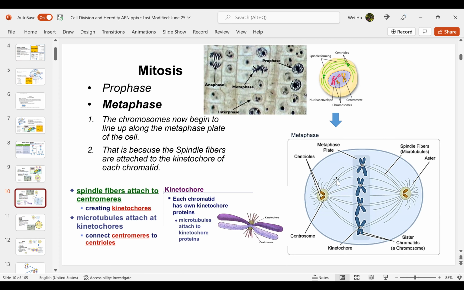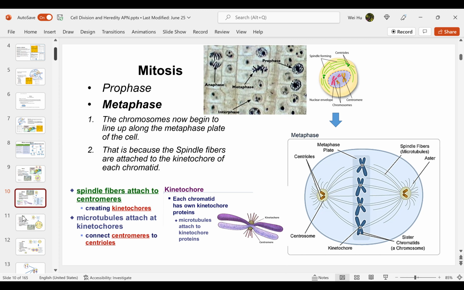You can see the spindle fibers touch both sides. Let's look at detail here. This is a centromere, but the outside is called kinetochore. The kinetochore is linked to the spindle fiber. The spindle fiber is linked to your chromosomes.